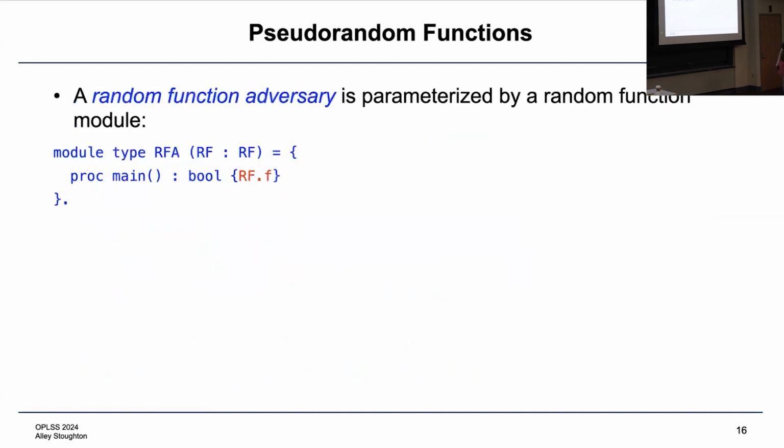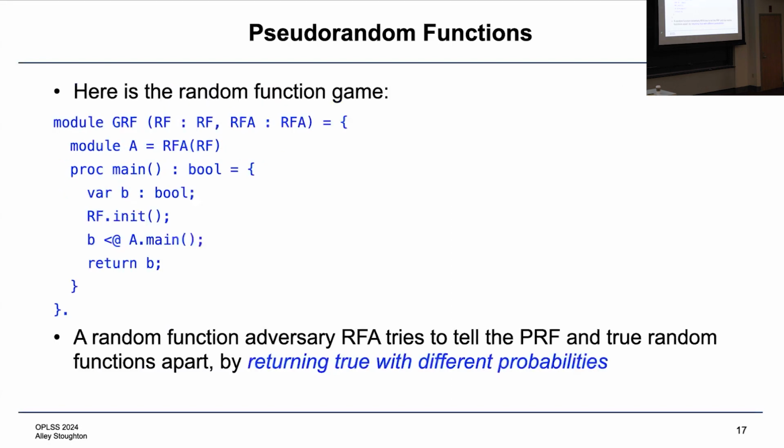Okay. And then a random function adversary, which is different, but we'll see how they're connected to the symmetric encryption adversary, is given access to the F function, but not initialization. It can't reinitialize the random function, and it returns a Boolean. And you can think what it's trying to do, and we can see this in the random function game.